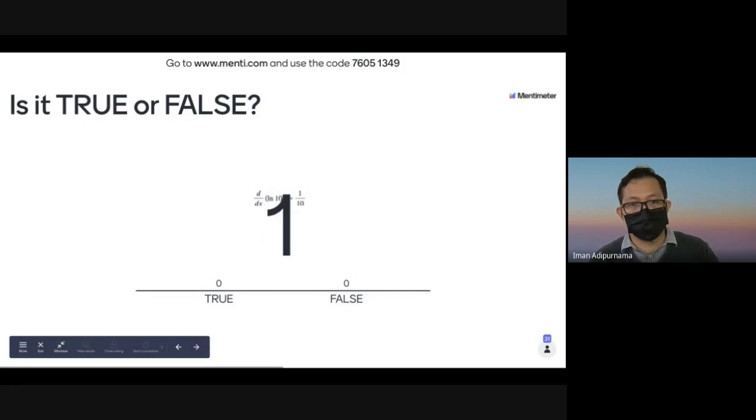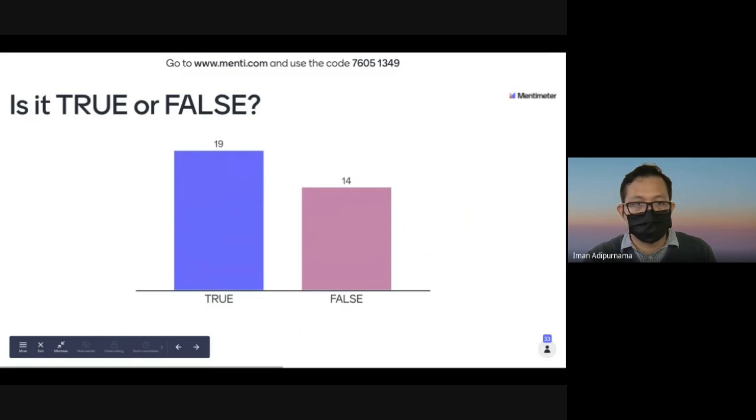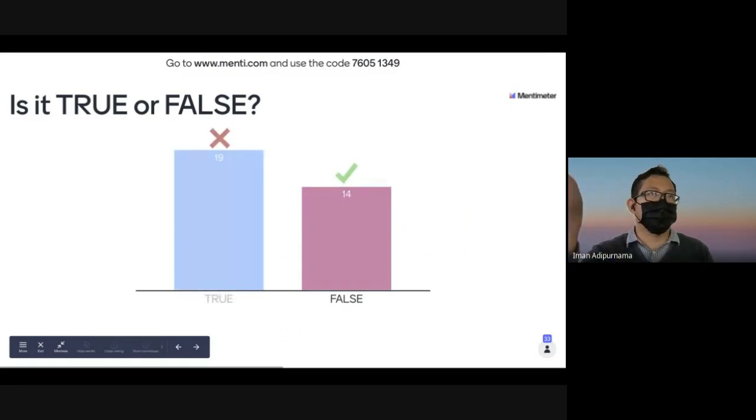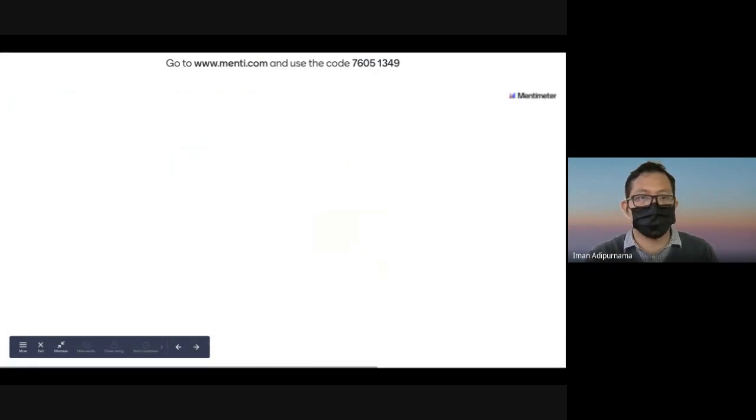True or false? Just choose which one. Okay, ln 10 is a constant, right? So it should be 0, not 1/10.